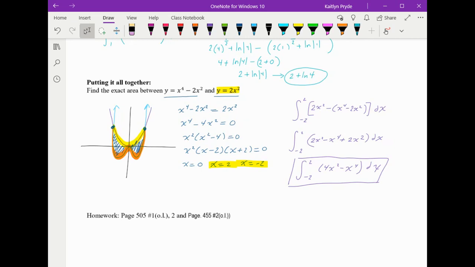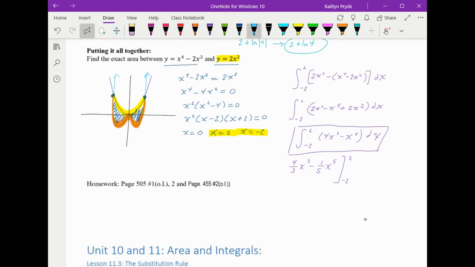I'm going to look at the antiderivative, which is going to be 4/3 x cubed minus 1/5 x to the fifth. And we're going to be looking at this evaluated from -2 to 2.